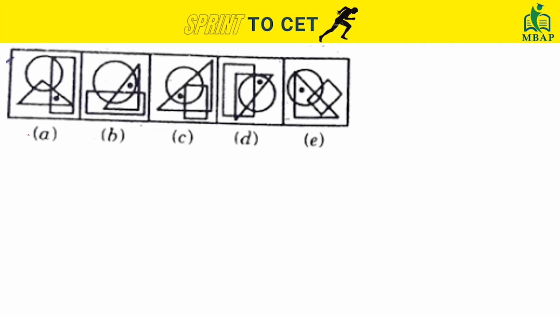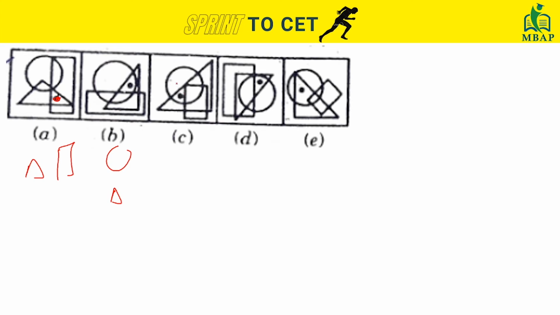Let's look at the next one. So 3 figures are overlapping over here: circle, triangle, and rectangle. Now in this one the dot is common to the rectangle and triangle, fine. In this one it is common to the square and triangle.